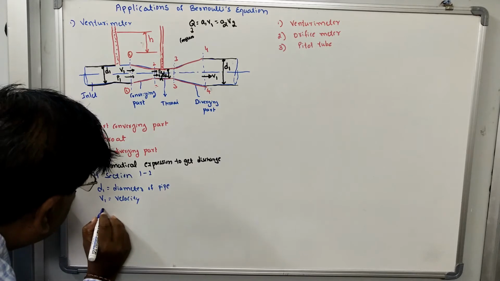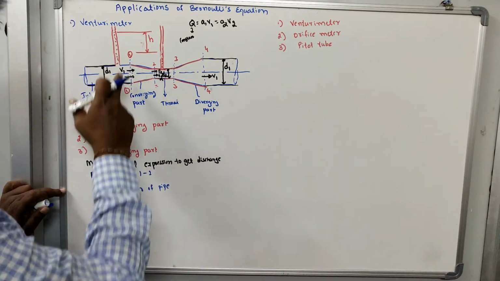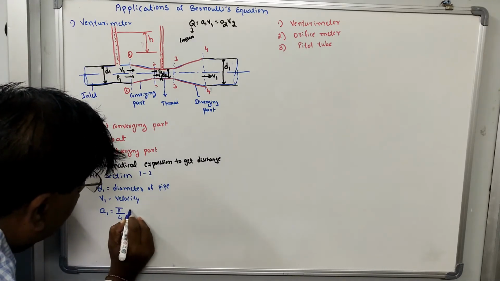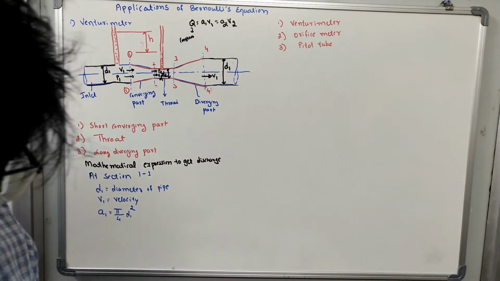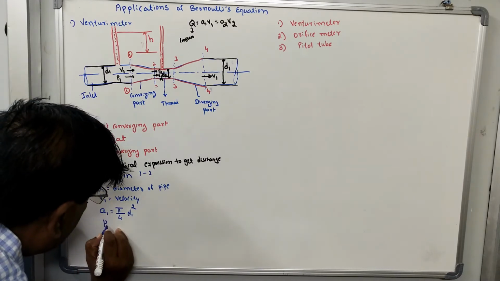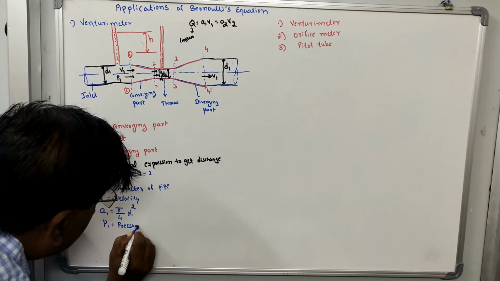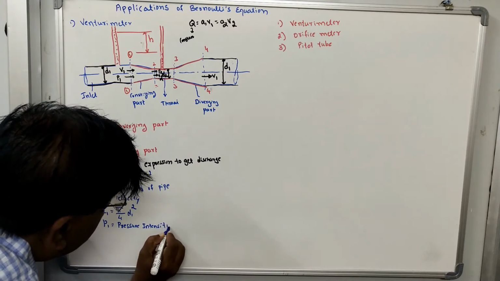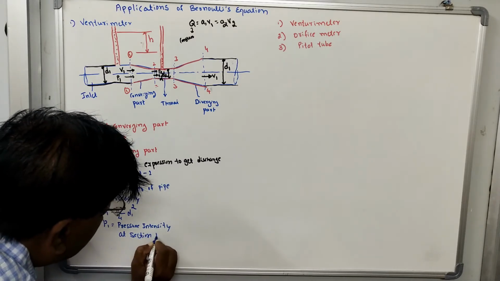Then A1 is the cross-sectional area of pipe at section 1-1, which is equal to π/4 D1 square. Then P1 is the pressure intensity at section 1-1.